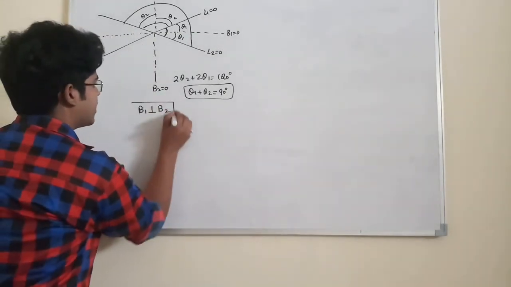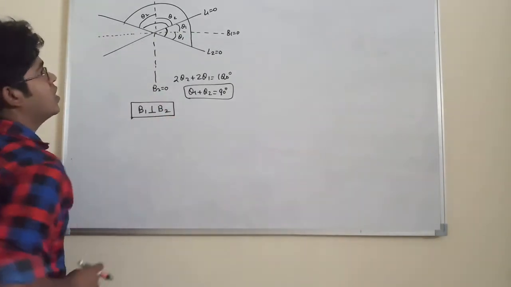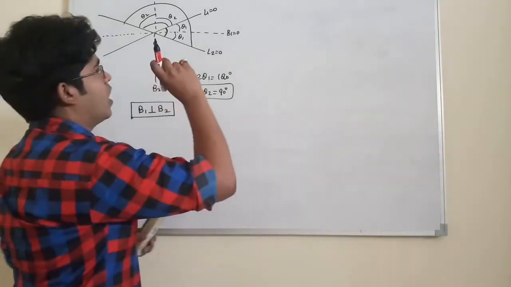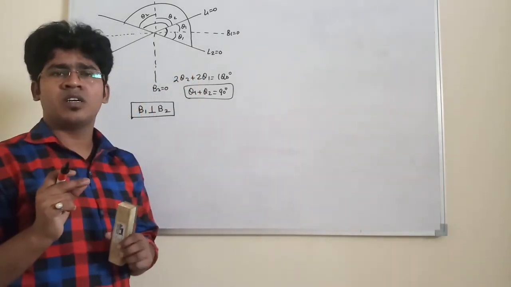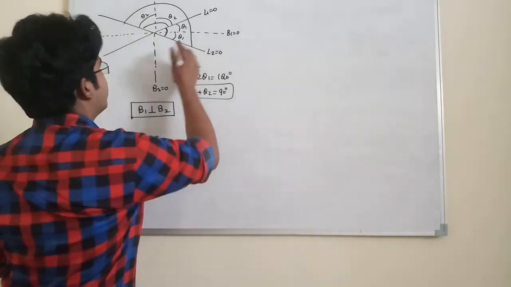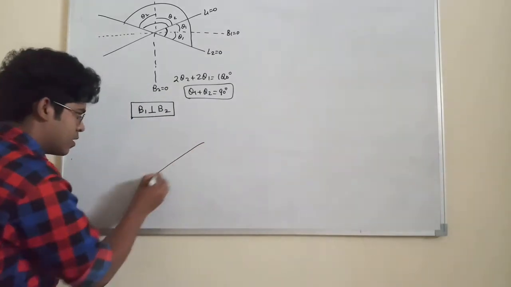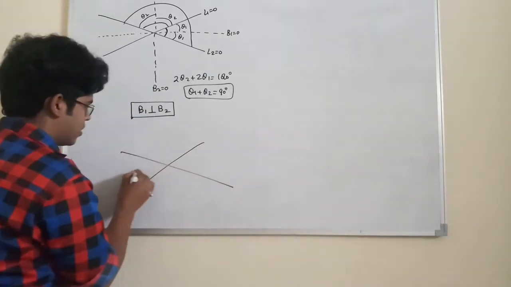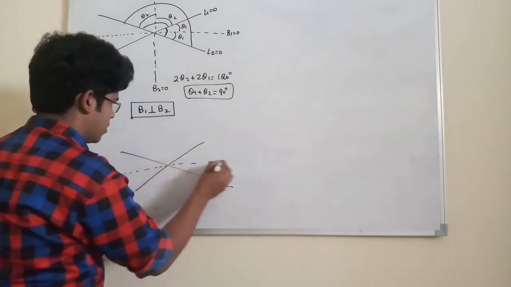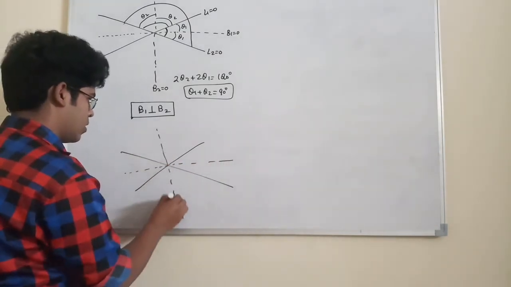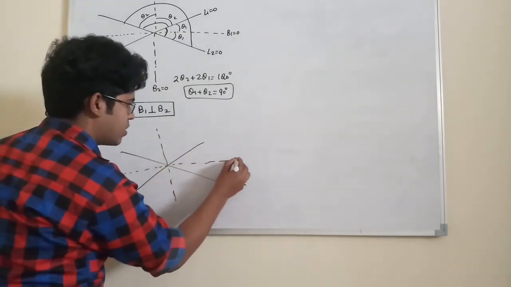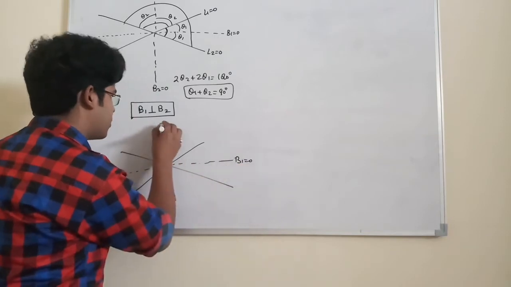Now, if I am interested in writing the equations of the lines, I'll say that the locus of a point which moves such that, let me draw it here. Suppose this is the bisector B1 equal to 0 and this is B2.